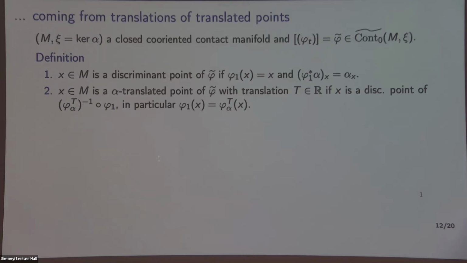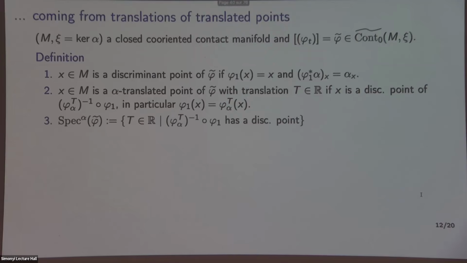So in particular, phi 1 of X is translated in the Reeb direction by an amount T. And a last notation: the spectrum of phi tilde is the set of all numbers T such that phi tilde has a translated point with translation T.